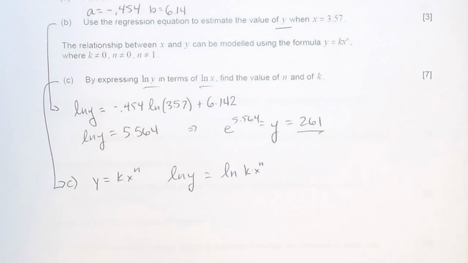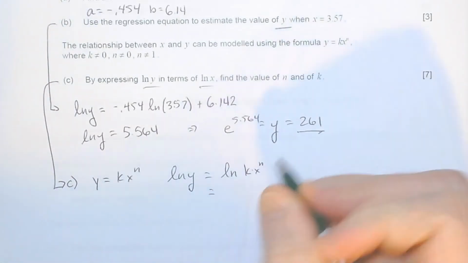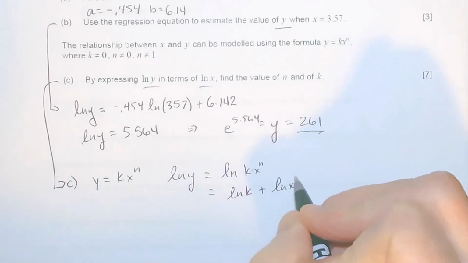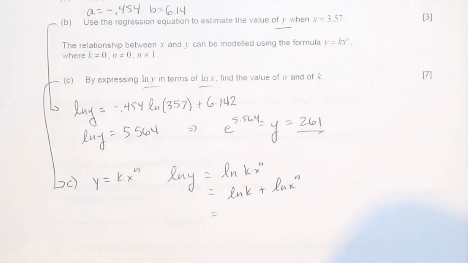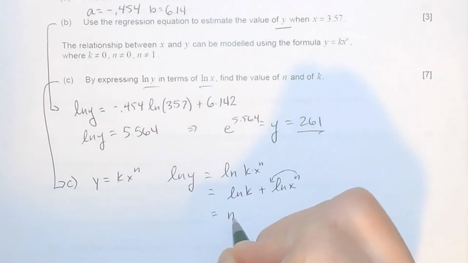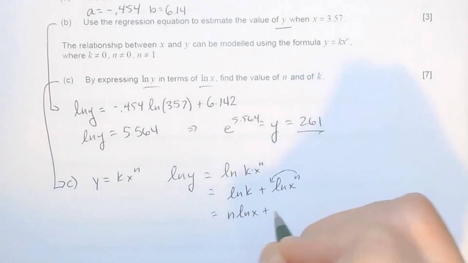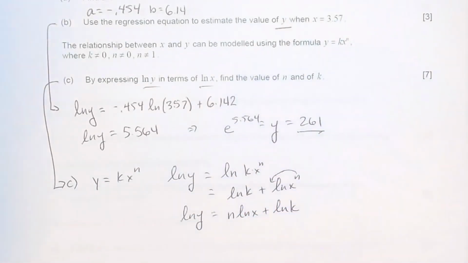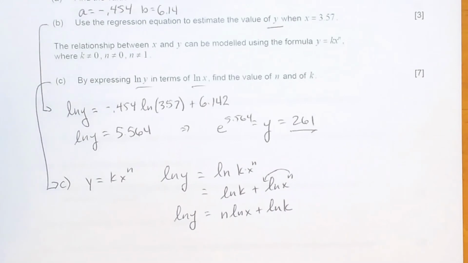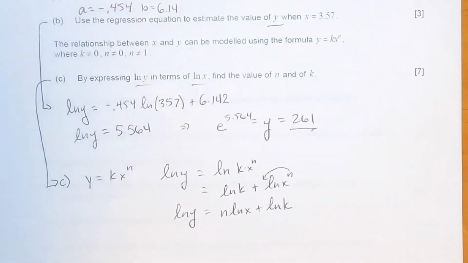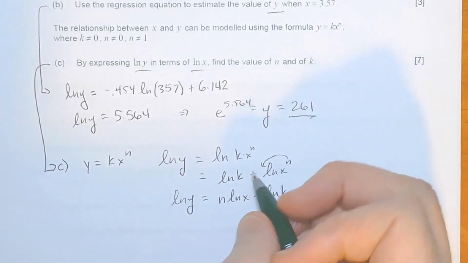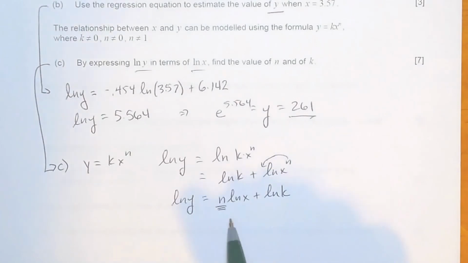Now I will use the rules of logarithms to break up the right-hand side into the natural log of k plus the natural log of x to the n. I'm going to rearrange it and move this n out front, so I'll have n times the natural log of x plus the natural log of k, and that's all equal to the natural log of y. If I compare this to the problem further up the page, I can notice that this is my a value.